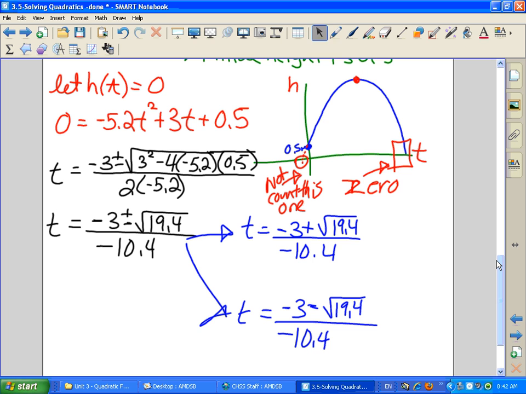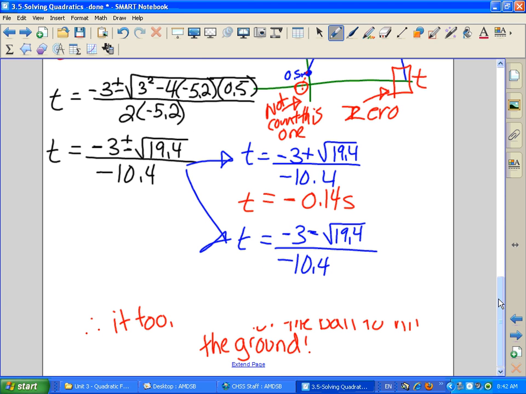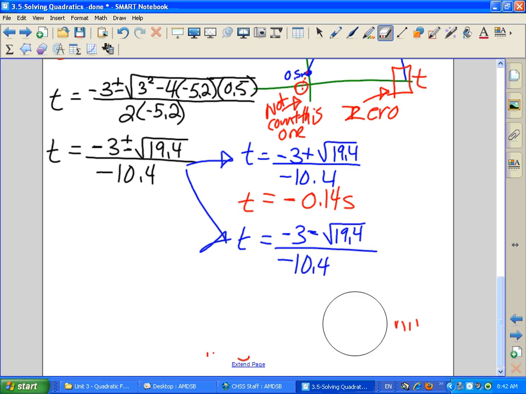Okay, so what we're going to do is plug these values into our calculator. So you plug the first value in and you should get t equals negative 0.14 s. Okay, and the second value, sorry guys, when I plug that in, is t equals 0.71 seconds.